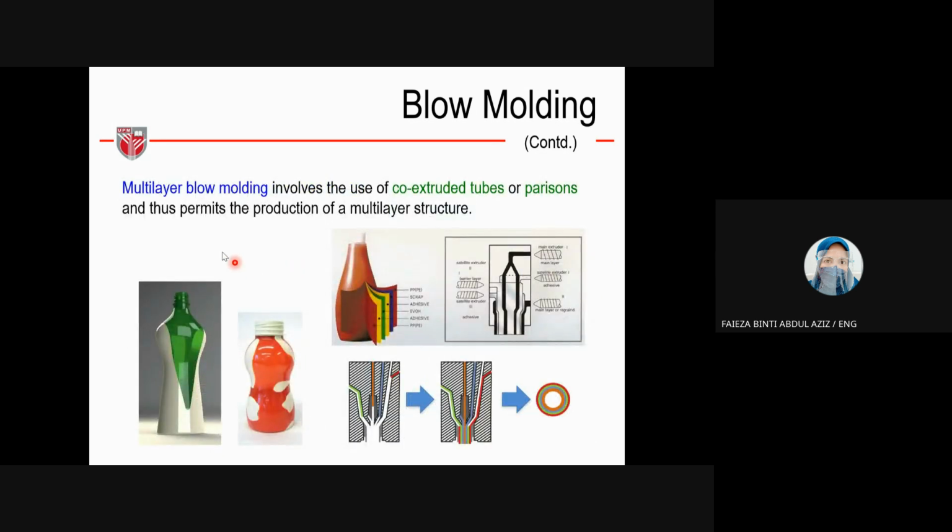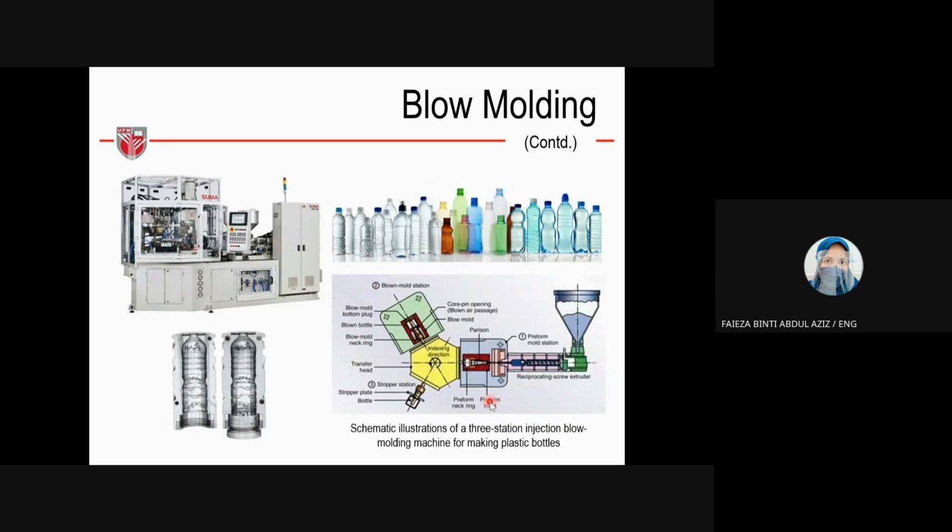Multi-layer blow molding involves the use of co-extruded tubes of resins, and this permits the production of a multi-layer structure, for example with colors and also other materials. These are just to show you the blow molding machine where they produce many bottles, like this one.